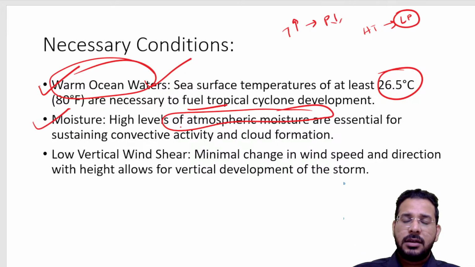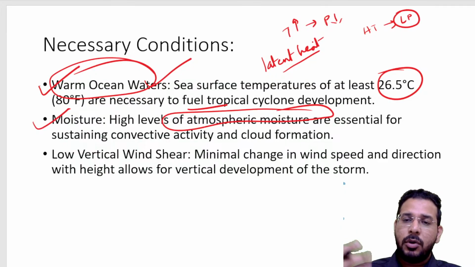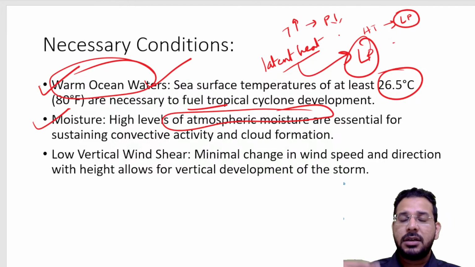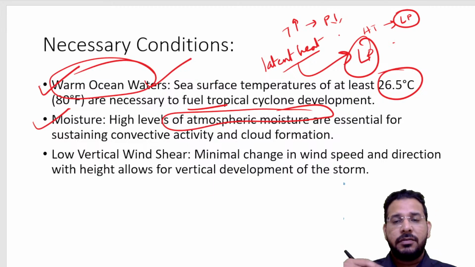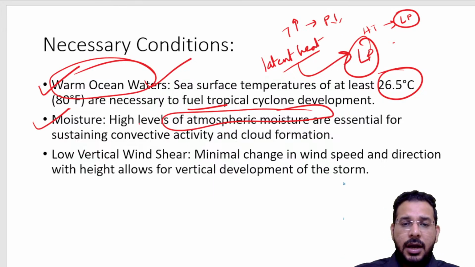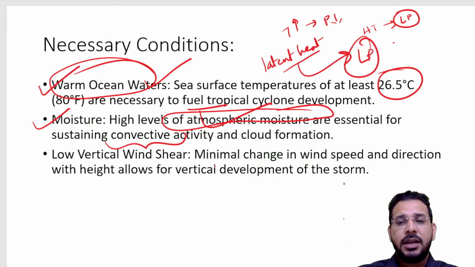When it is condensing, it will release latent heat, when it is converting back to liquid form. So this latent heat, imagine how many water molecules will be present in that moisture. When all of them are condensing, they are releasing latent heat, adding more fuel to this low pressure system, which is increasing the cyclone furthermore. So a high level of moisture will sustain the convective activity and cloud formation.